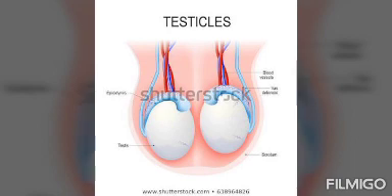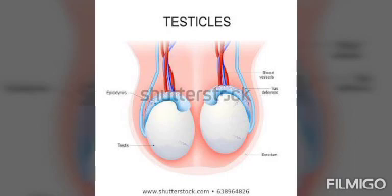Fifth point, the stratified epithelium of the seminiferous tubule is made up of two types of cells, namely Sertoli cells or nurse cells and spermatogonic cells or male germ cells. So we learned that seminiferous tubules are the sites for sperm production.